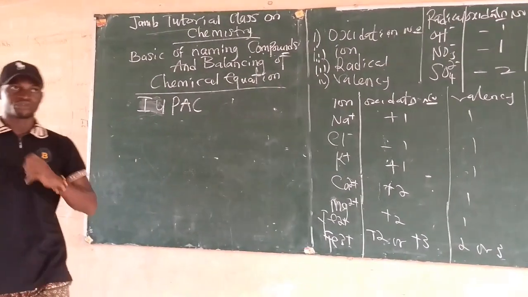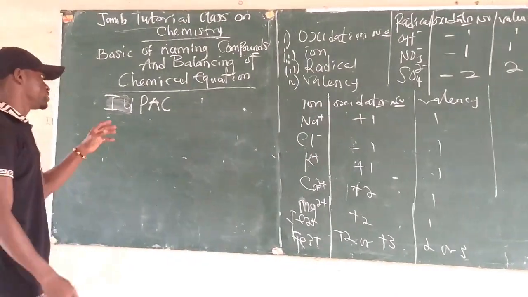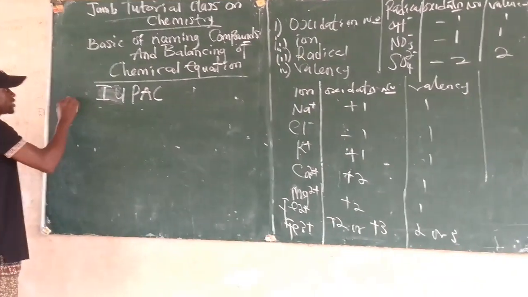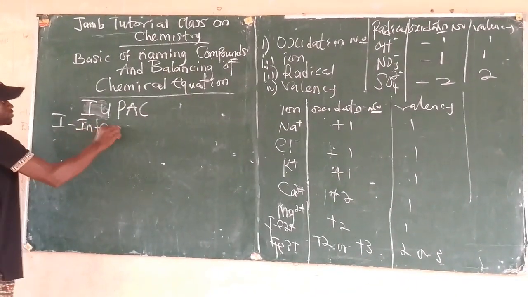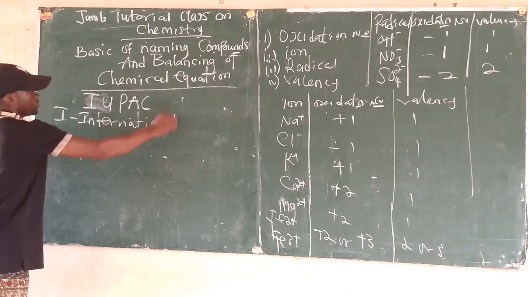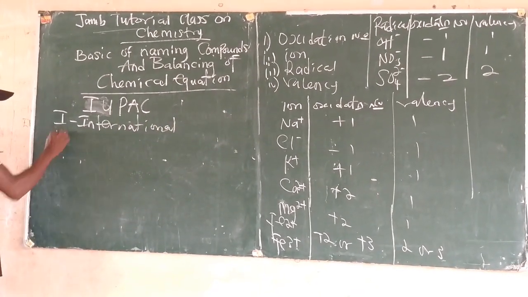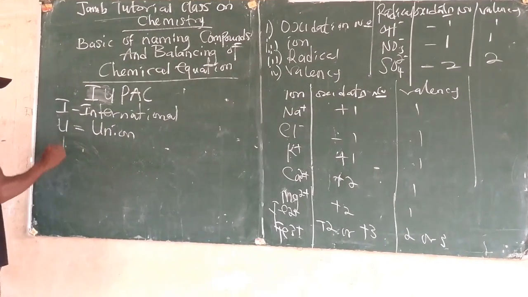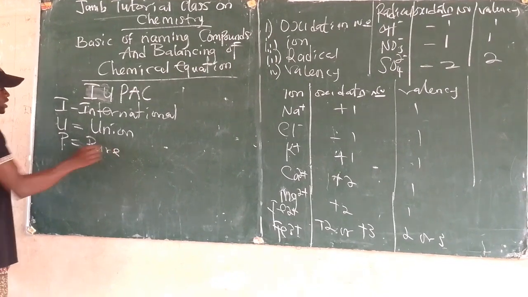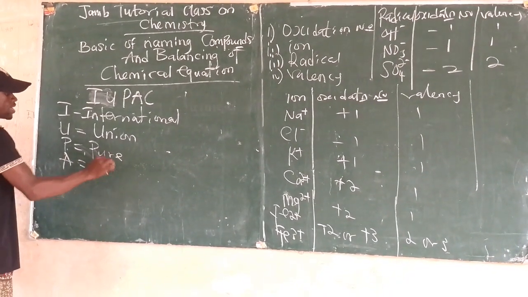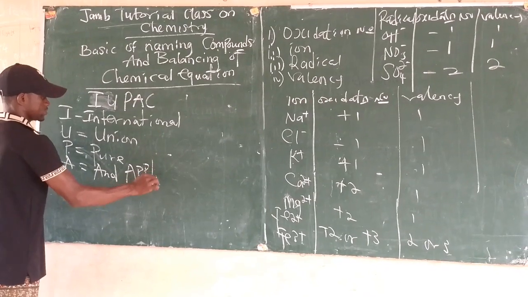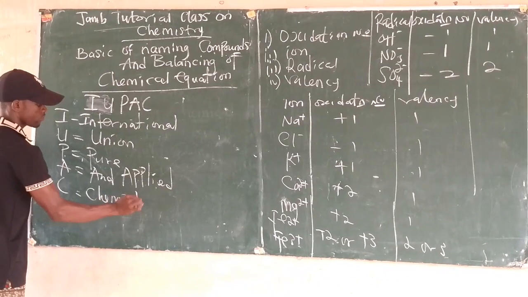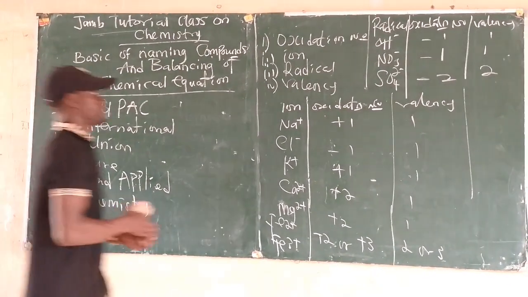IUPAC is a system of chemistry that is used in naming of compounds, where I stands for International, U for Union, P for Pure and Applied, and C is Chemistry. So that is the full meaning.